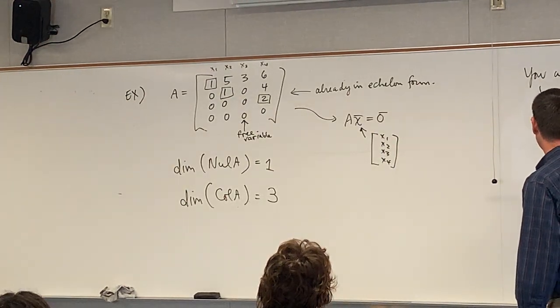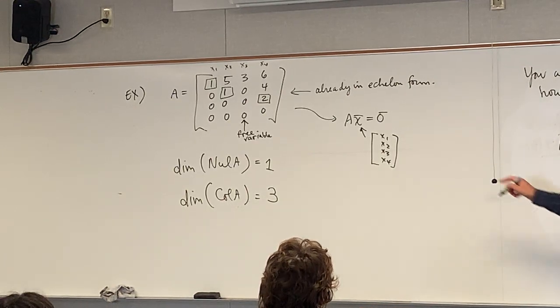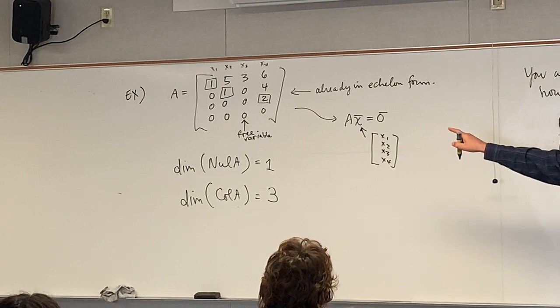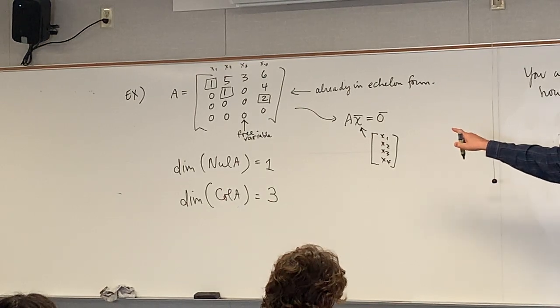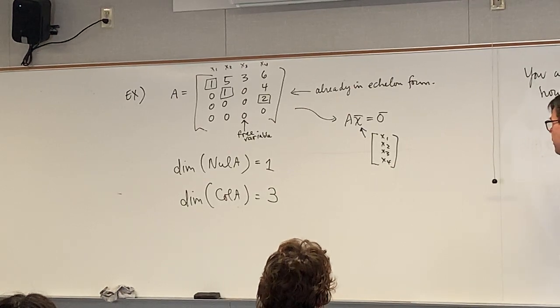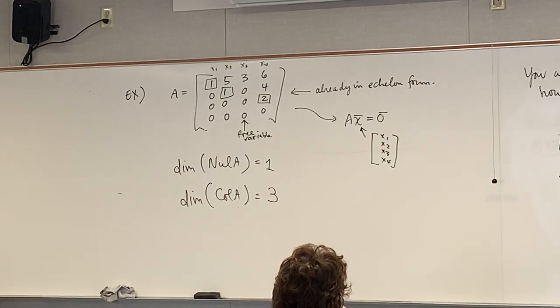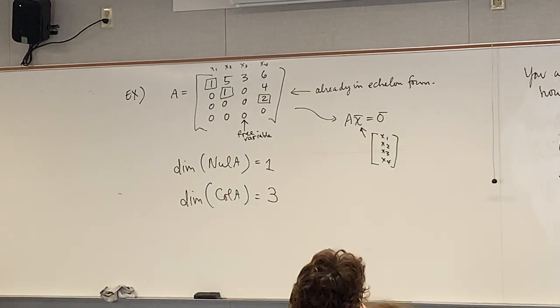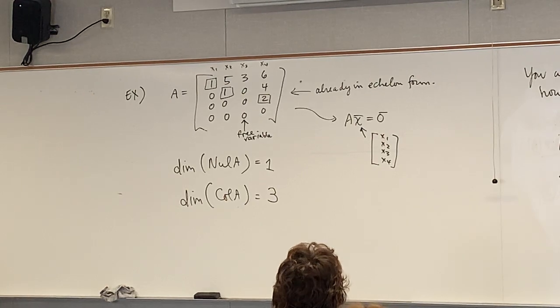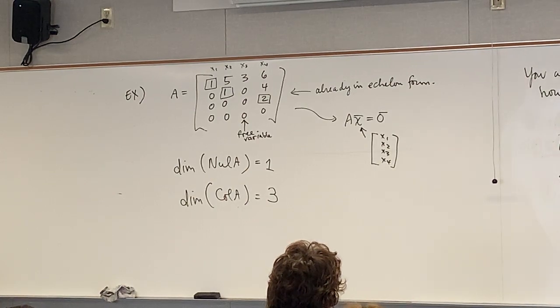again, we would finish the process of solving the homogeneous equation. I can get the solution even from this point before I've totally reduced, because I would have x1 plus 5x2 plus 3x3 plus 6x4 equals 0. I have x2 plus 4x4 equals 0.